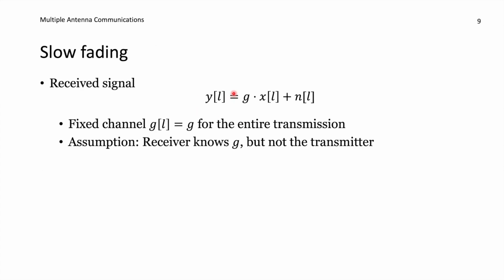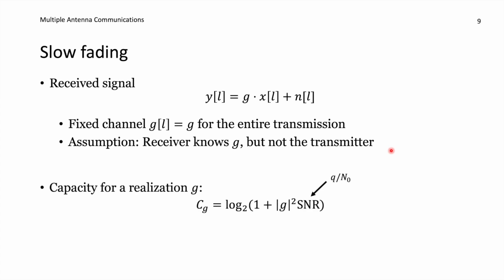So then the received signal y of l is a scalar g multiplied with the transmitted signal x plus noise. And we have a fixed realization in our entire transmission. However, it's the receiver who knows the channel, but not the transmitter, because the transmitter starts sending its data, and then the random realization of the channel is drawn, so the transmitter cannot know it in advance.